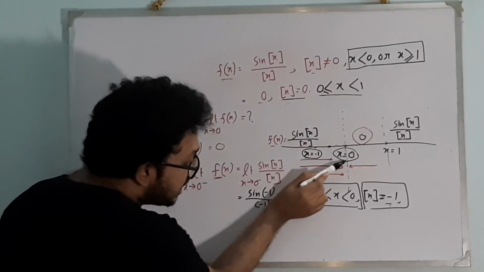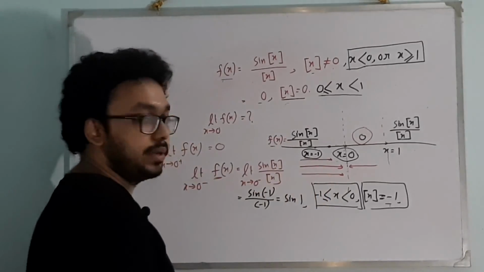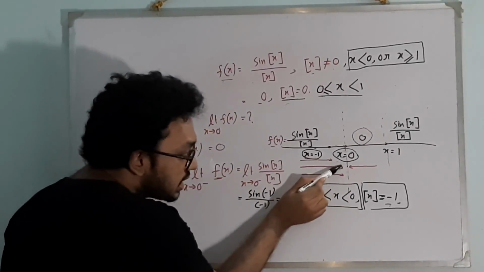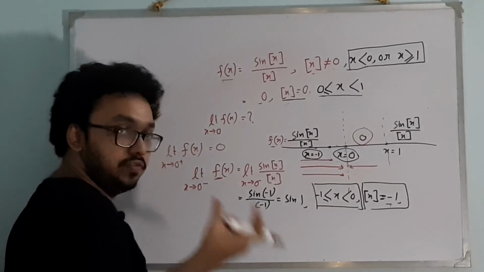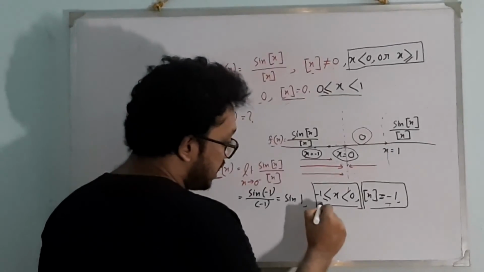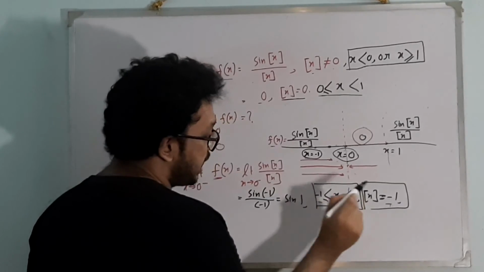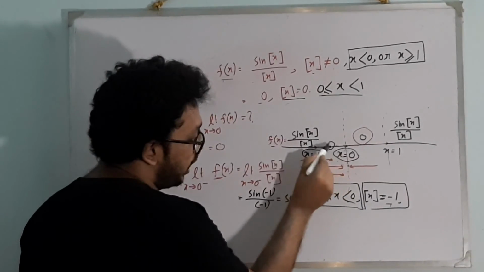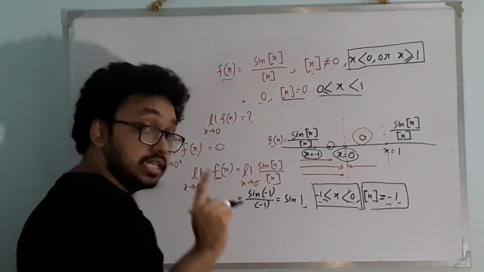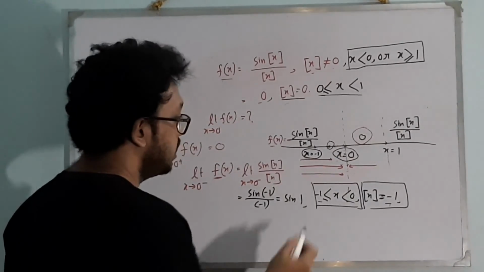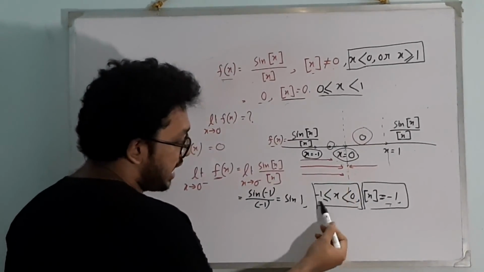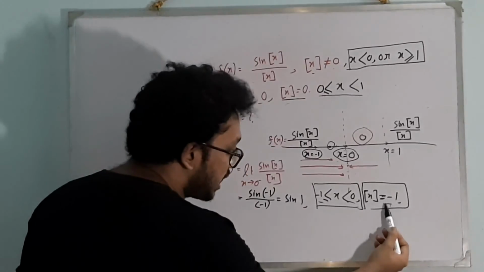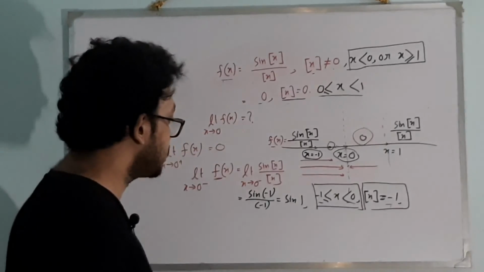And you observe that just in the left hand side of x equal to 0, if you take a value of x, then clearly x will lie in this interval, that is -1 to 0. This is -1, this is 0. And in this interval, the greatest integer function has a value of -1.